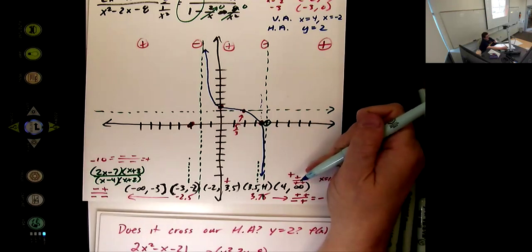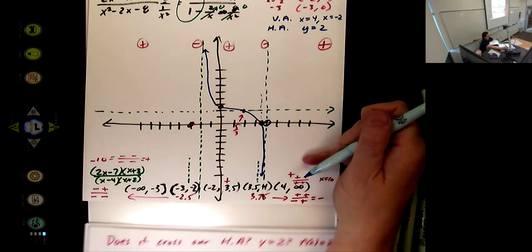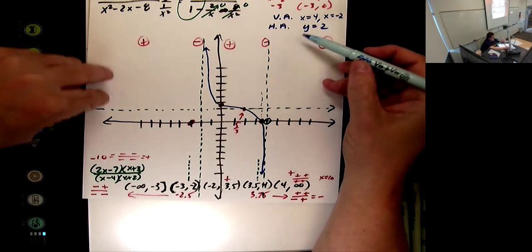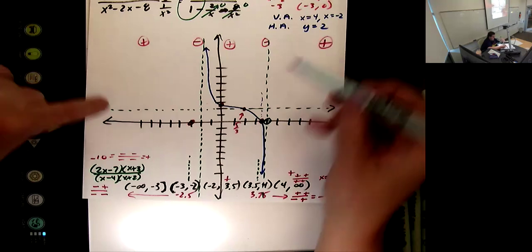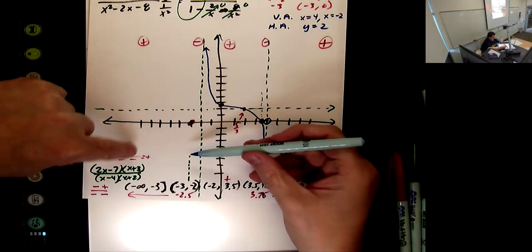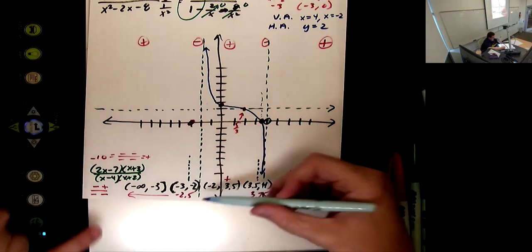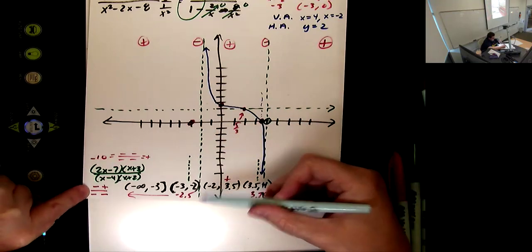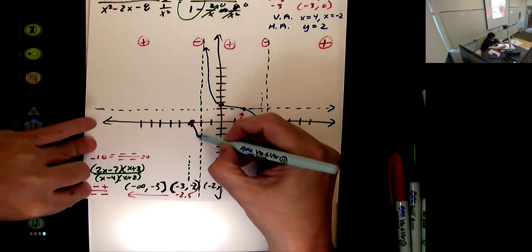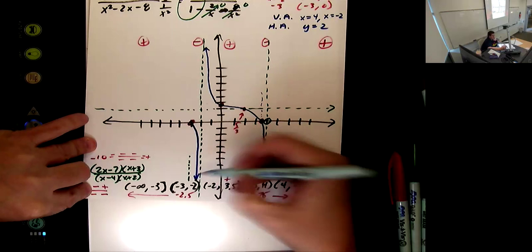I guess if I was paying attention to my sign chart, I wouldn't have needed to do this, where does it cross? But if you really want to know where it crosses, that's how you find it. All right, over here. Between -3 and -2, it was negative, which means it's below the x-axis, which means it's got to be following it like that.